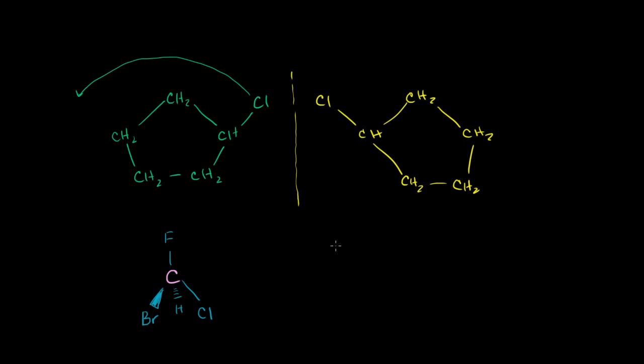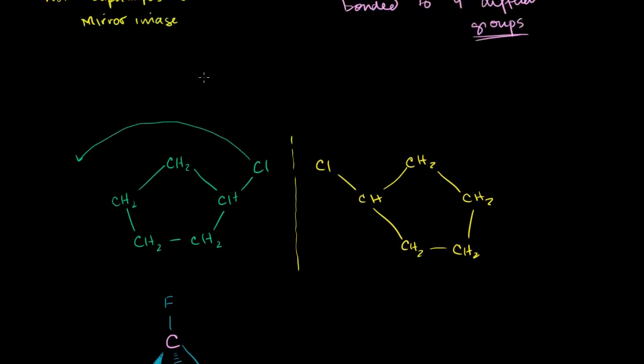Let me do it up here where we have a little bit more space. If I were to rotate this about that far, I would get a CH, you get the chlorine, and then you have your CH2, and then you have another CH2, CH2, and then you would have your CH2 up there.